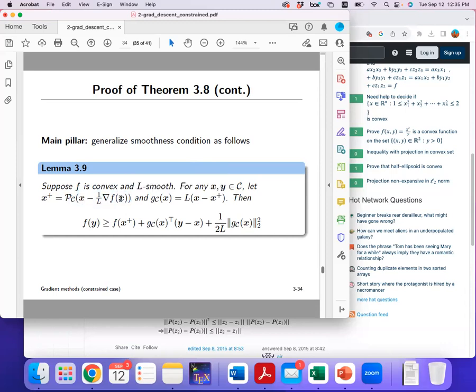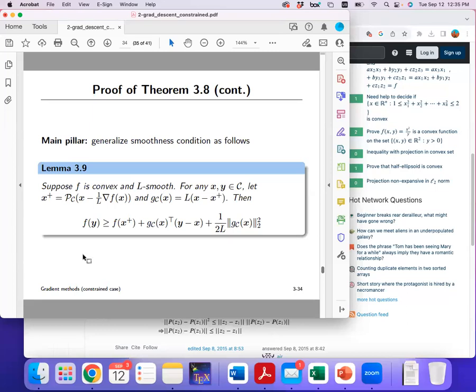This is like starting from x and applying one step of projected gradient descent. And G_C(x) is x minus x plus. This is the generalized gradient that we defined. Then for any x and y in the constraint set C, with x plus and G_C(x), this inequality holds when f is convex and smooth.